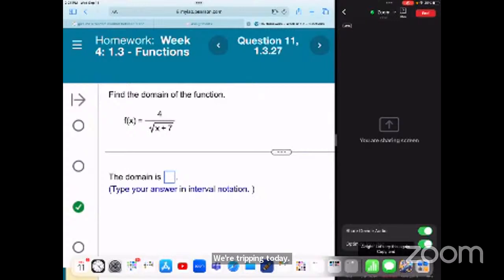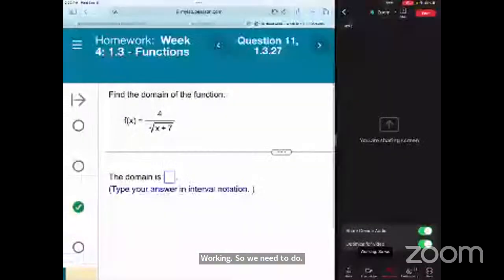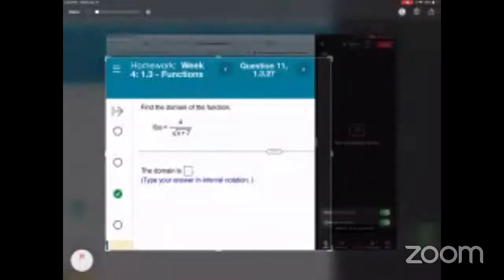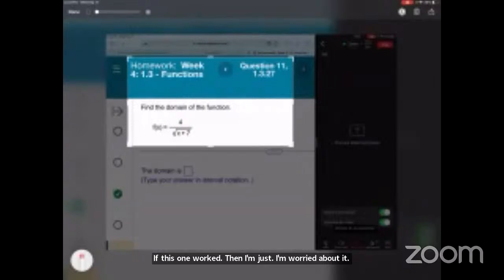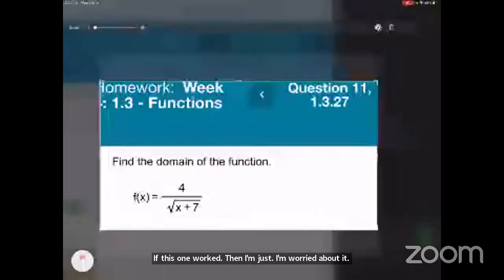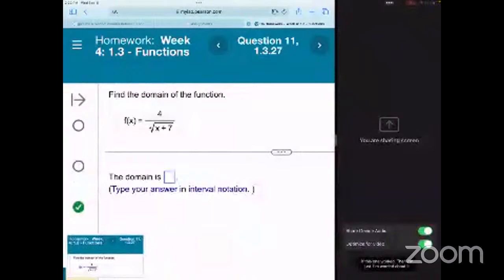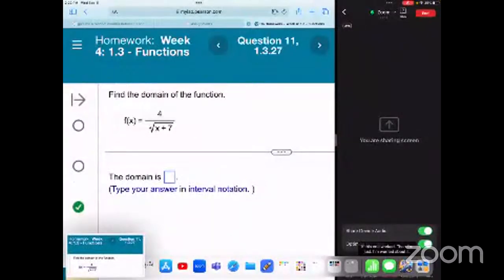I know what else I can do. If this doesn't work, then I'm just not worried about it.